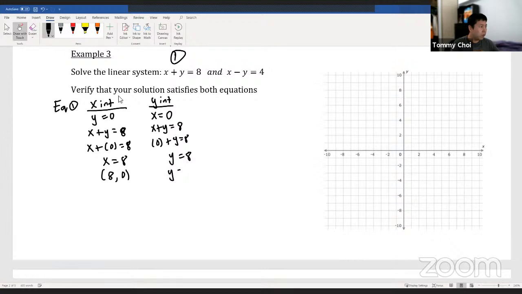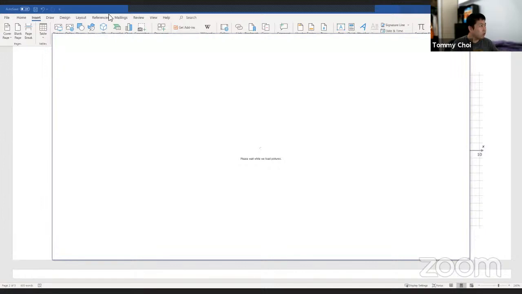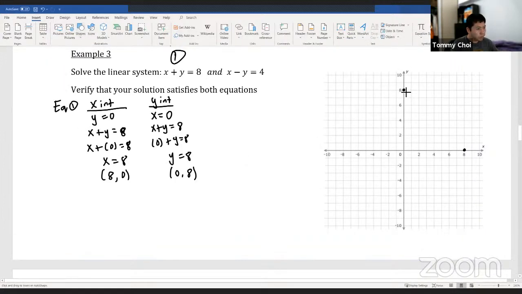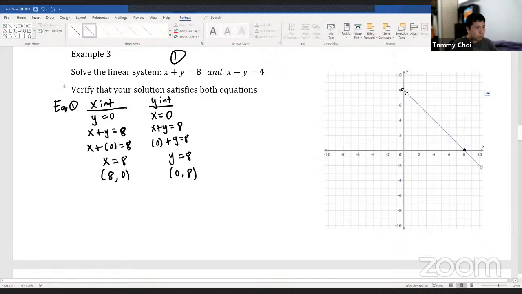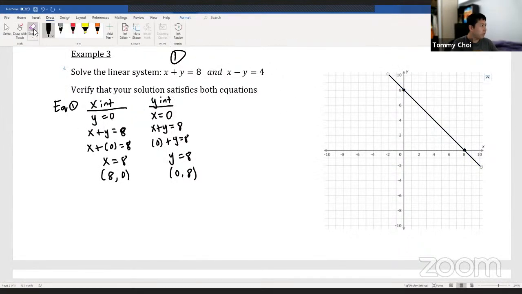And so our final point is 0, comma 8. Once we have those 2 points, we can draw that out, which is 8 and 8. And we can connect that with a line. And we're done. We draw a line that goes through it, and voila, there's our line. That's all you have to do once you find your x and y intercepts.